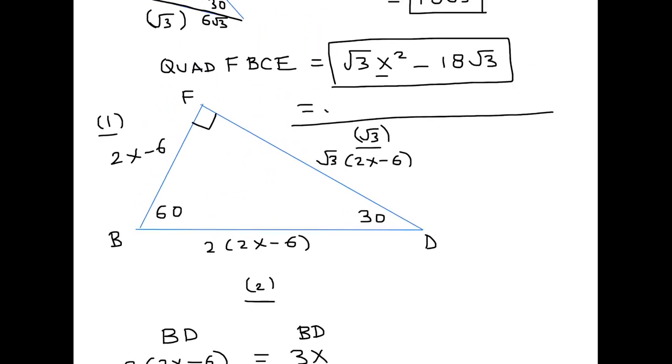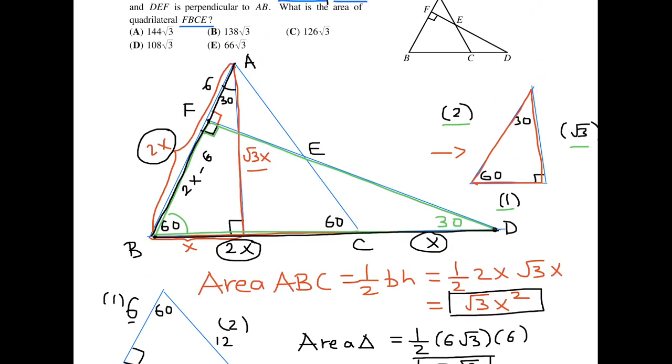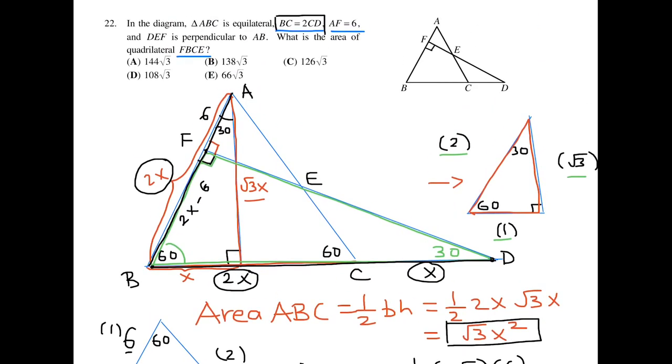So that means we have root 3 times 12 squared minus 18 root 3, which is 144 root 3 minus 18 root 3, which is equal to 126 root 3. And let's see if that is one of the answers. And it is. Choice C.